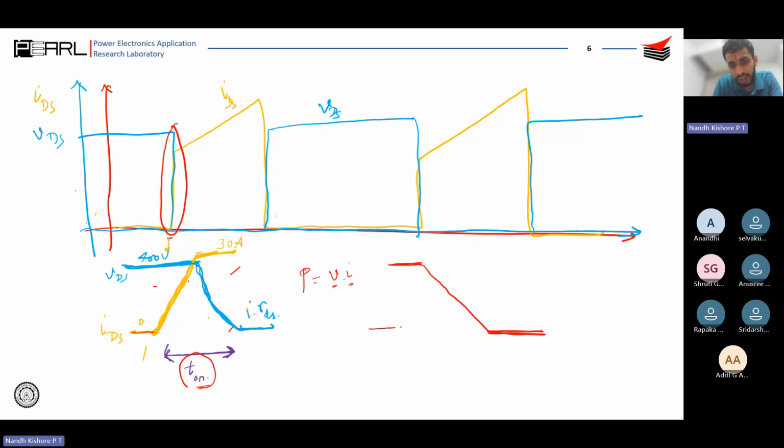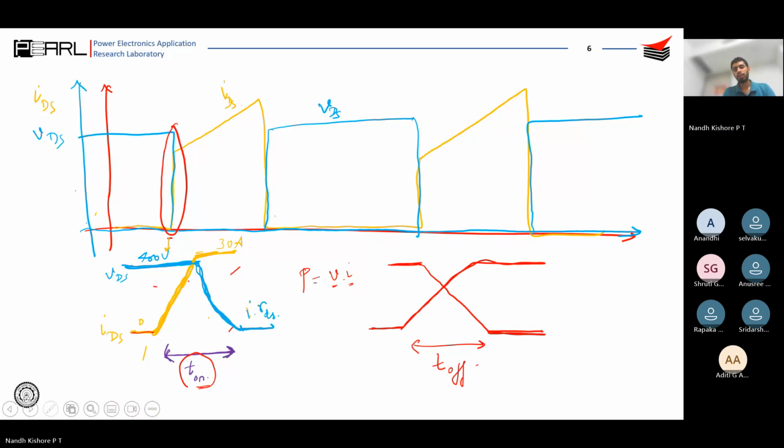So you will see that your drain source voltage is something like this. I'm not going into the details of how this happens, but again you understand that there will be a T off. So again, it's going to cause some losses, and that is something that we don't want. We will try to understand how this happens.